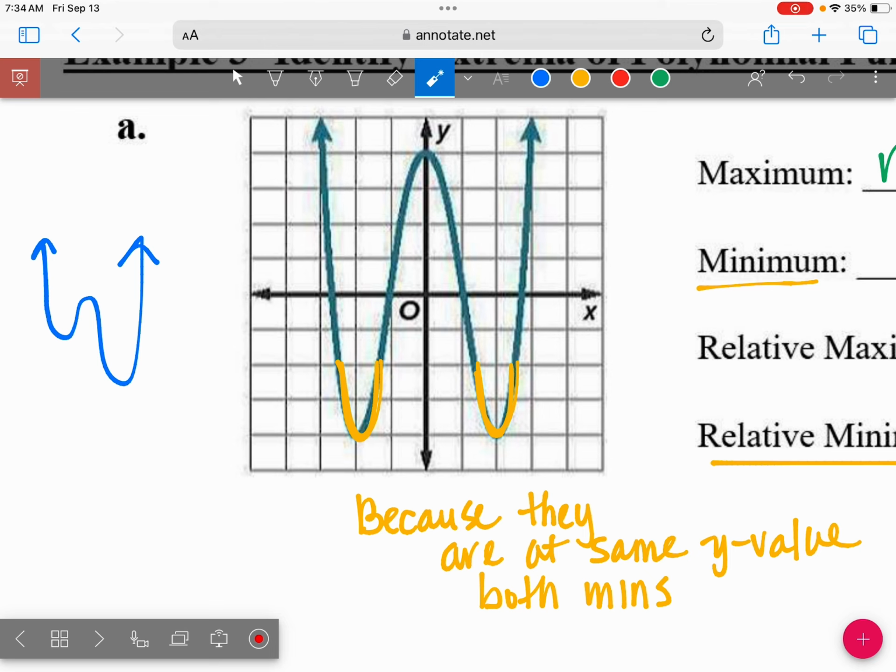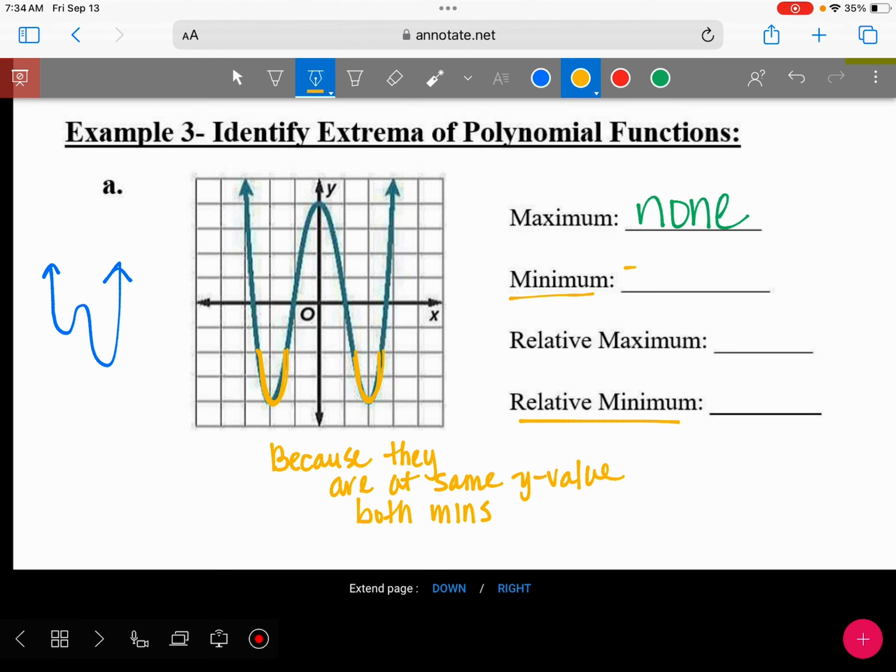All right, so let's go ahead and do that. So this is -2, and then 1, 2, 3, 4. So we have relative mins at -2, -4, and at +2, -4. And we're going to list that both places.